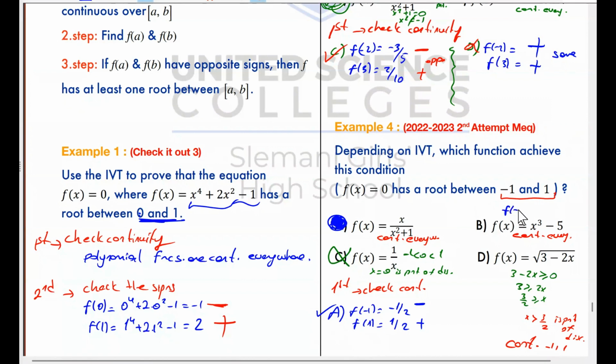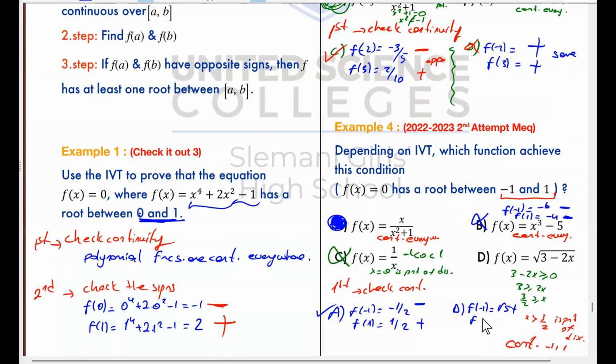Option B, f of minus 1, minus 1 minus 5, minus 6. F of 1, 1 minus 5, minus 4. They are both negative, same sign, which can't be true. Option D, f of negative 1, 3 minus 2 times negative 1, 2, 3 plus 2, 5, square root of 5, which is positive.